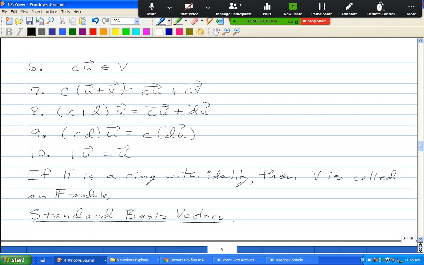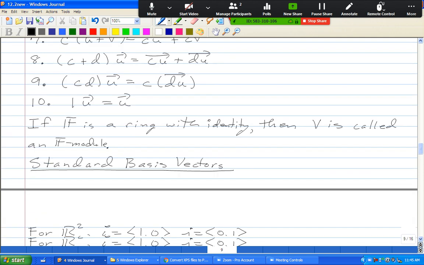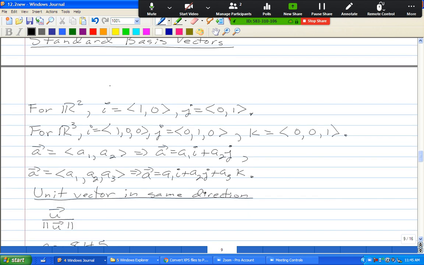Okay, so I sort of said this from before. The standard basis. Let me give you the notation for the standard basis vectors. Let me write them as vectors.